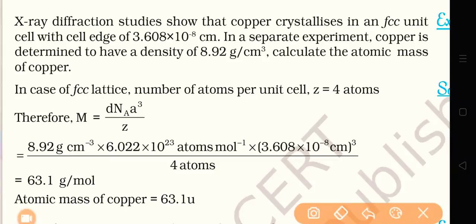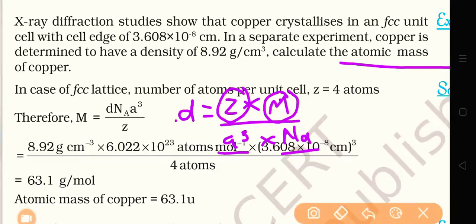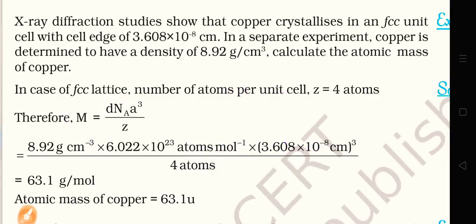So all you have to do is, our initial equation was D is equal to Z into M divided by a cube Na. Our target is to find the atomic mass, that means capital M here. So our derived equation will be M is equal to D into a cube into Na divided by Z, and all of the values are mentioned here.